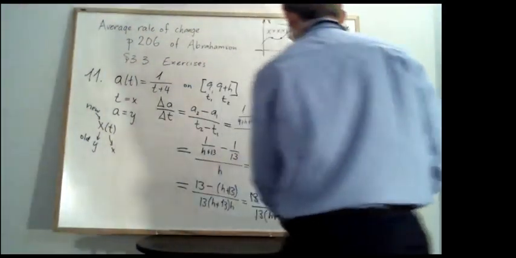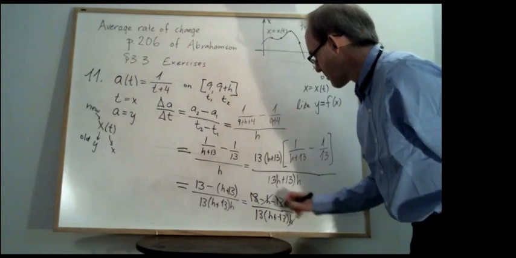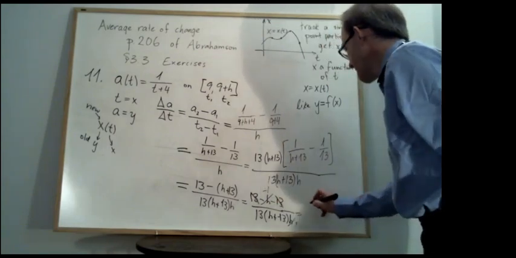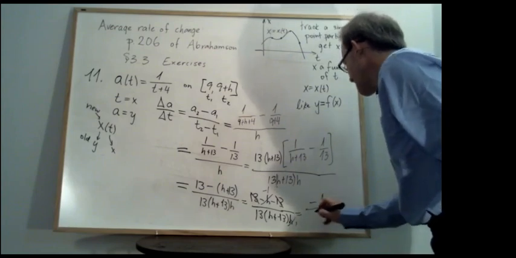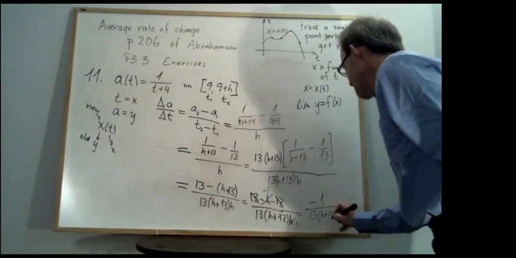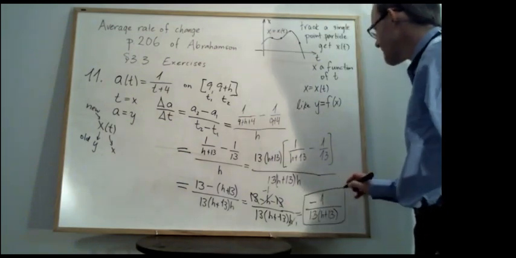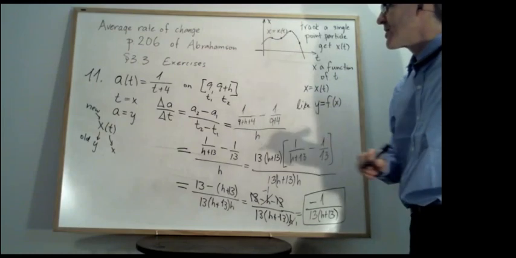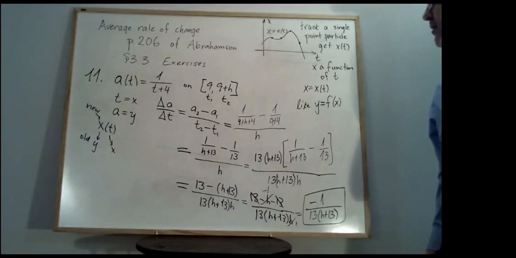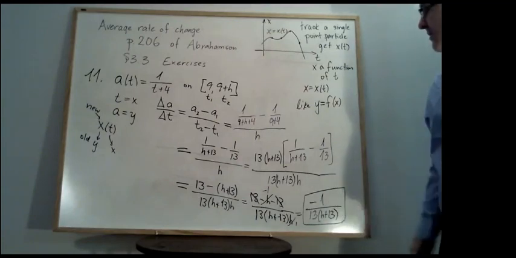And minus h will cancel with h and give me minus 1 in the numerator and 1 here. So I get minus 1 at the end over 13, h plus 13. Okay, so that's my average rate of change of that function over this interval.